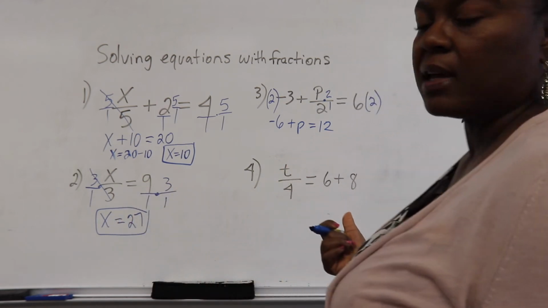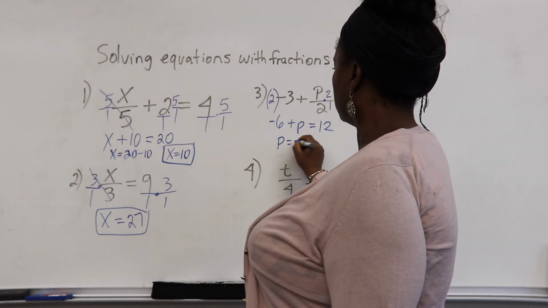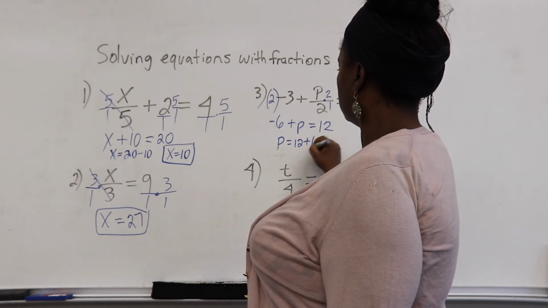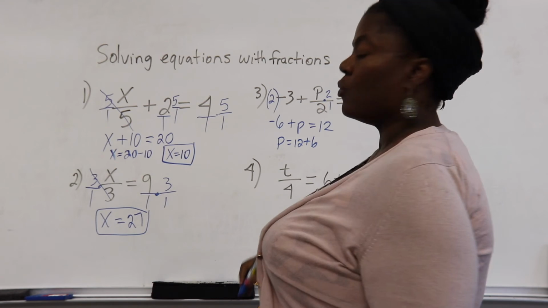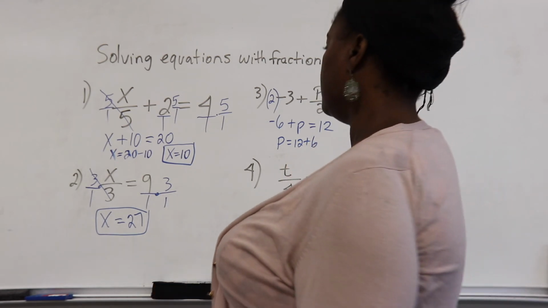What's the opposite of negative 6? It's positive 6. What's the sum of 12 and 6? 18.